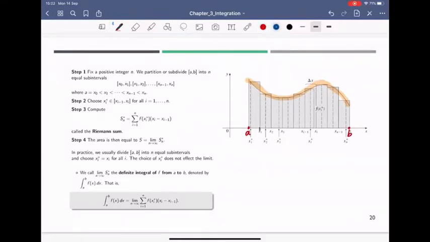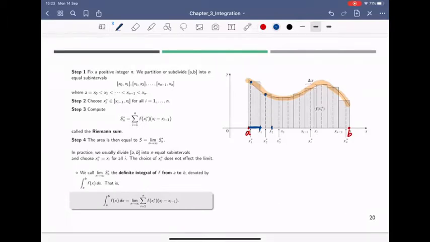For each piece, I pick a point that is the representative of that stack, called xi star. For example, on the first stack I call this point my representative, and on the second stack from x1 to x2, I call this point my representative.